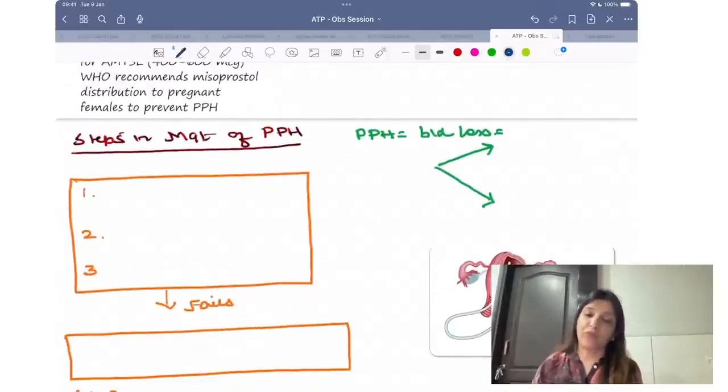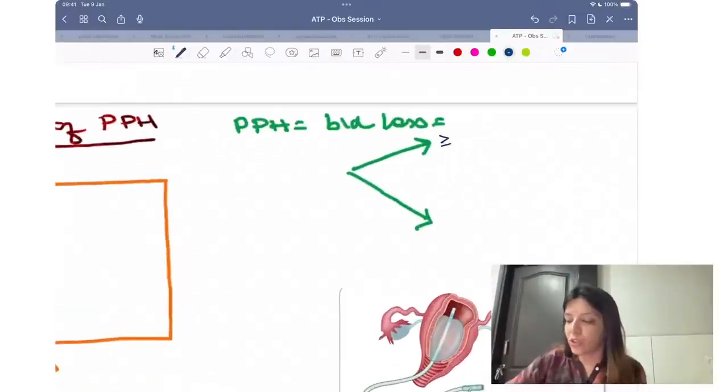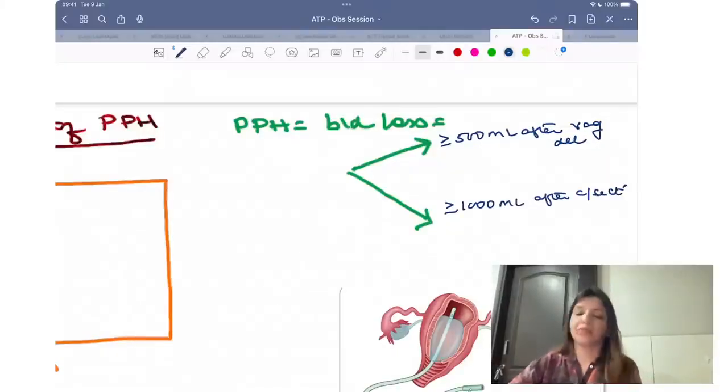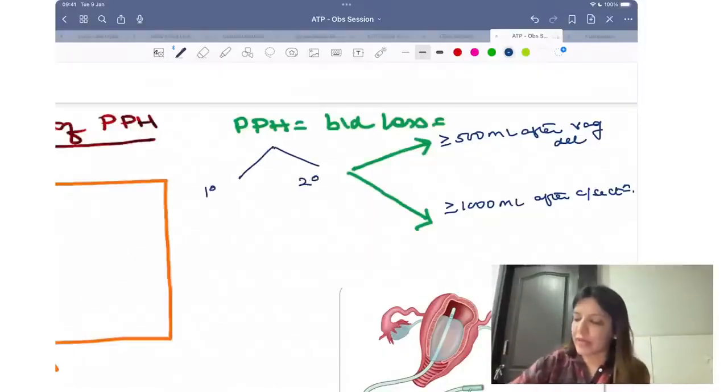Coming to steps in management of PPH. First tell me, how do you define PPH? PPH is blood loss more than or equal to 500 ml after vaginal delivery or more than 1000 ml after cesarean section. Right? Now, PPH can be primary PPH or it can be secondary PPH.